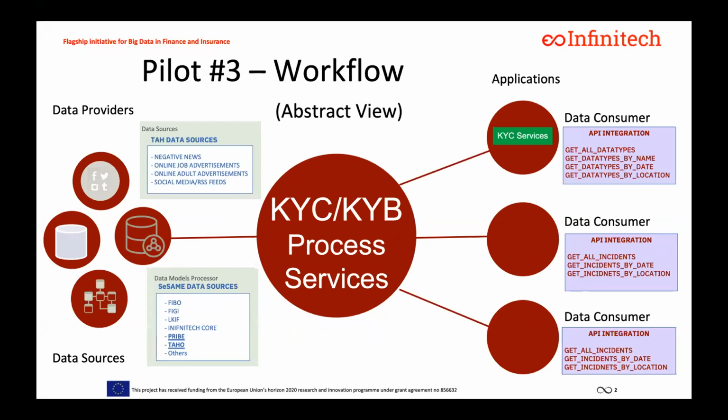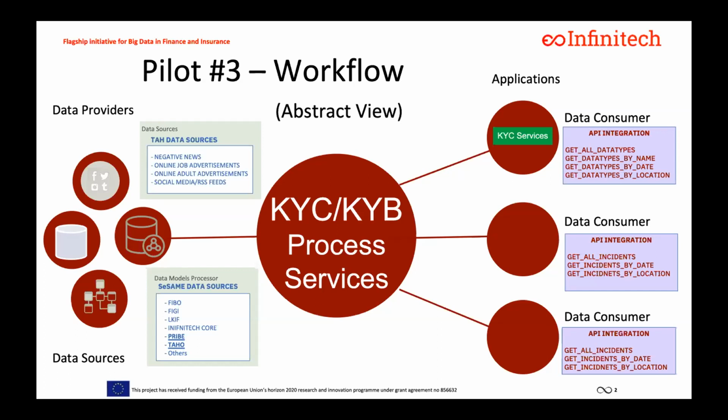We also have some data sets or information that resides in electronic records. What we are also adding here are these models from Infinitech, because these are related to financial transactions and financial operations, all about banking operations. We are relying on this mixture of data models: FIBO, Fiji, LKIF, and Infinitech Core.